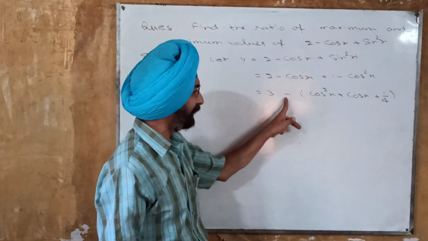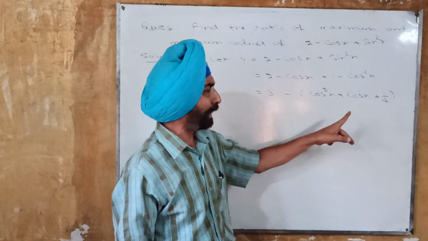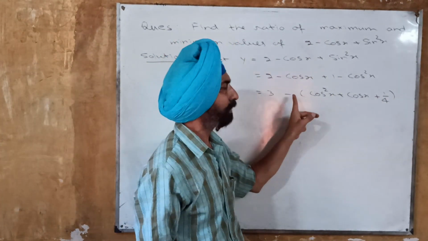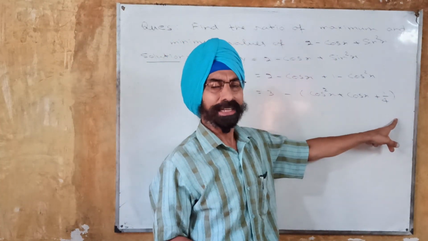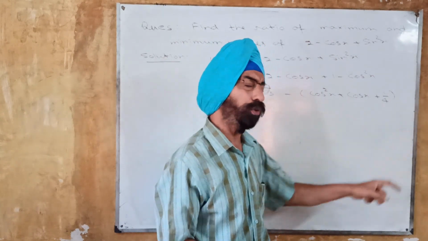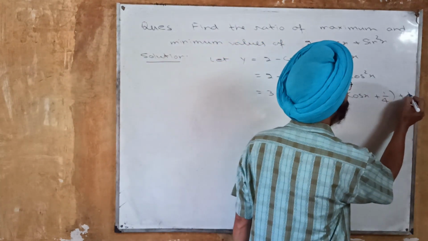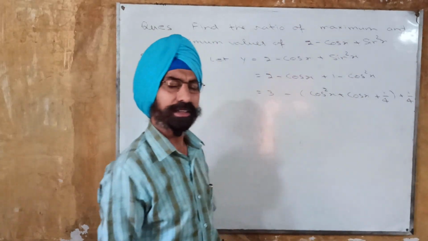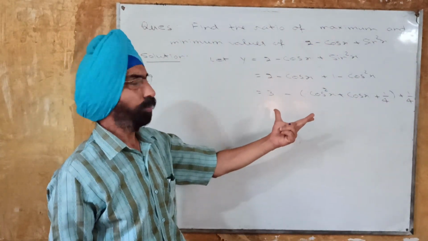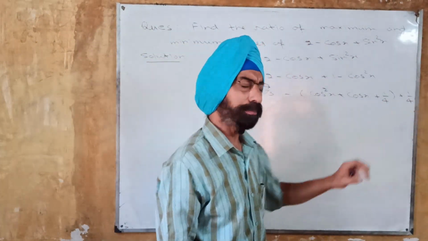But there is a minus sign outside the bracket. That means actually you have not added, you have subtracted 1 by 4. And if you have subtracted 1 by 4, then you will have to add 1 by 4 as well to keep the balance.